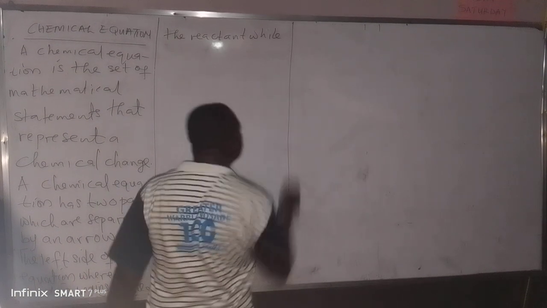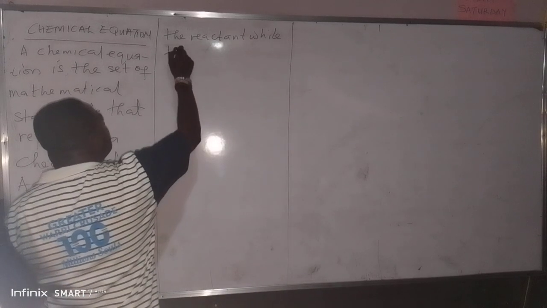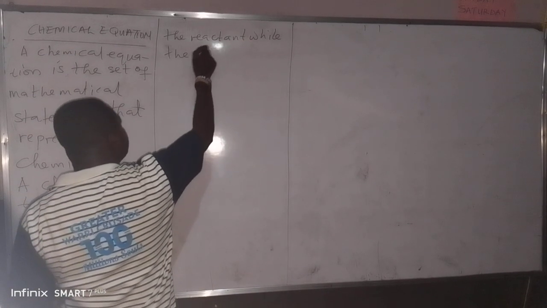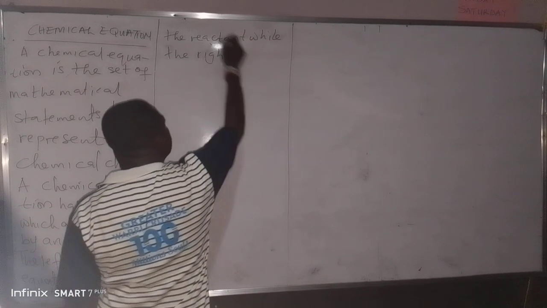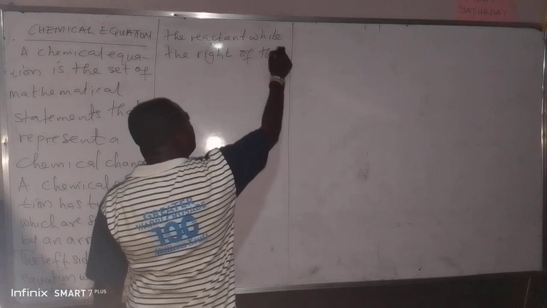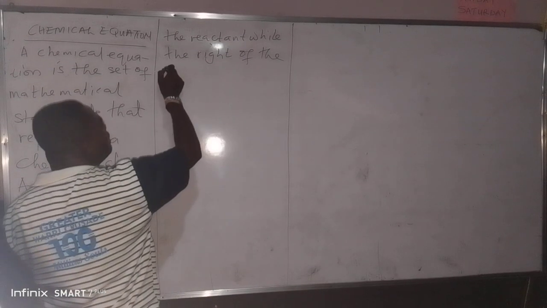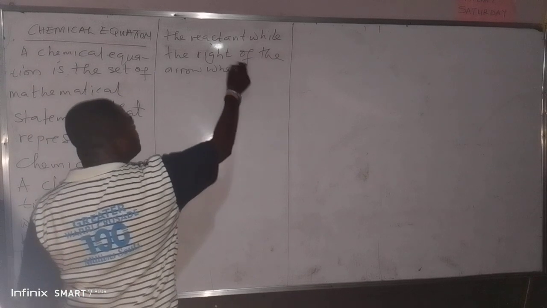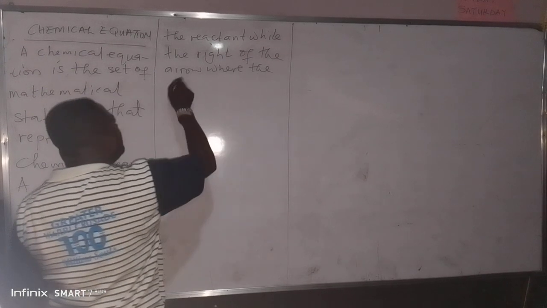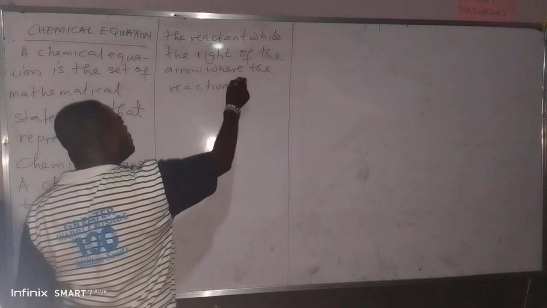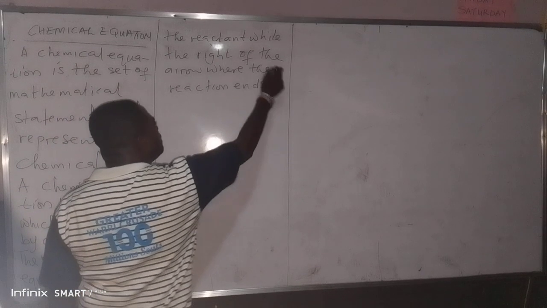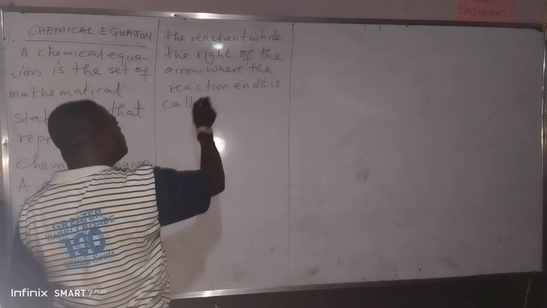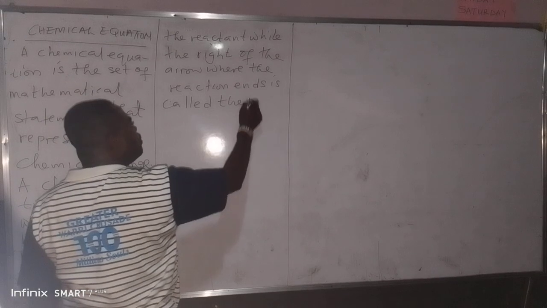While the right side of the arrow, where the reaction ends, is called the product side.